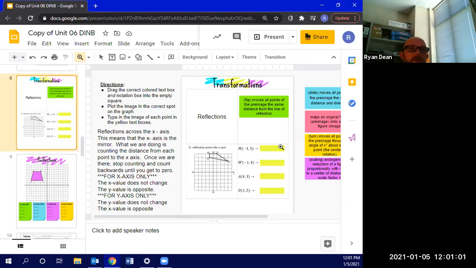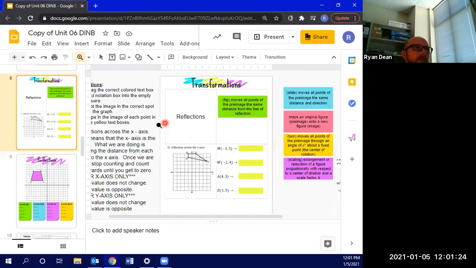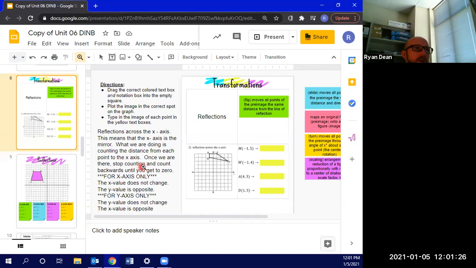Okay, so if you can follow these rules right here, either by counting, you're counting to the x-axis or to the y-axis. Once you're there, you stop counting and you count backwards until you get to 0.